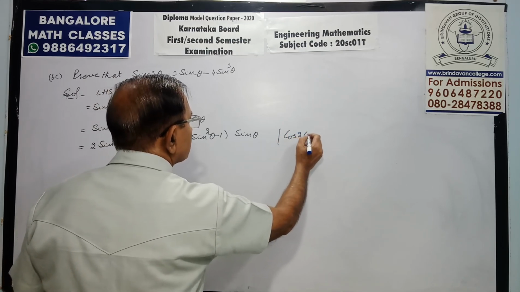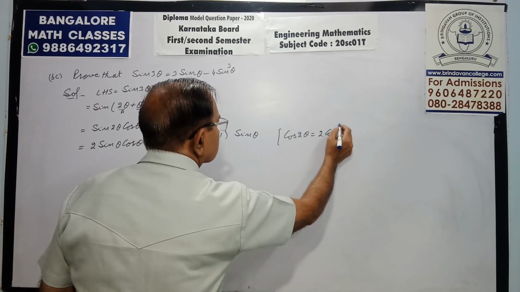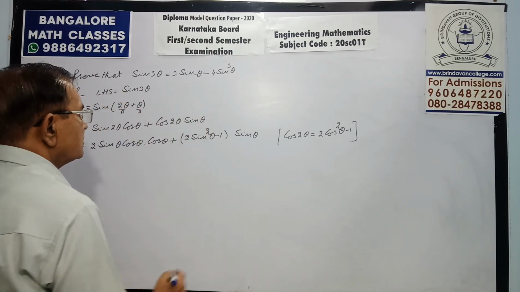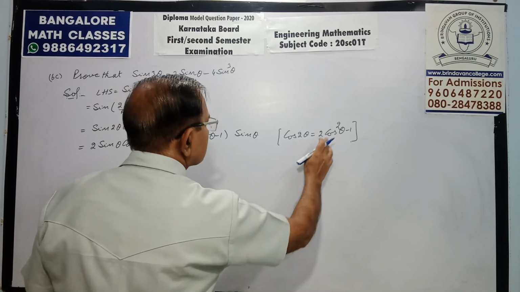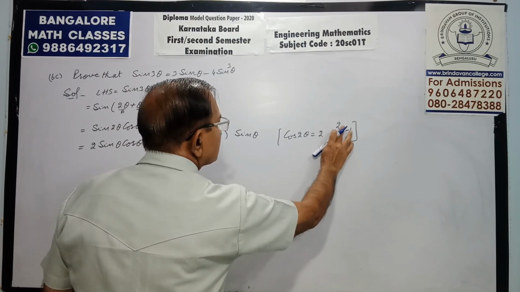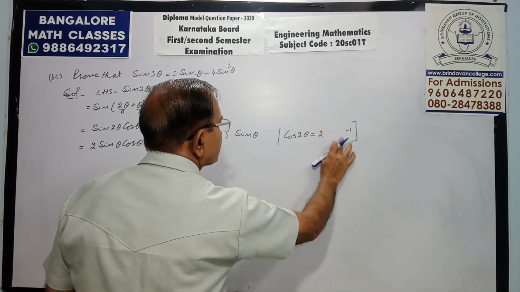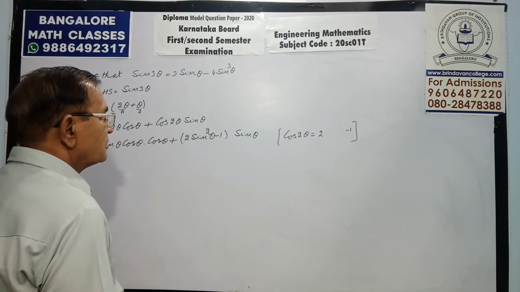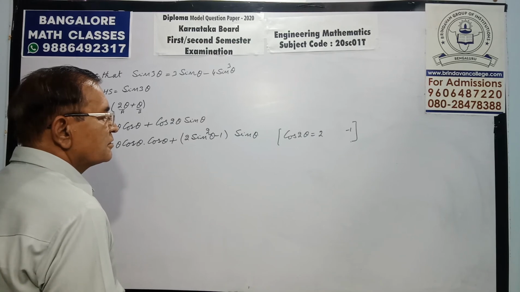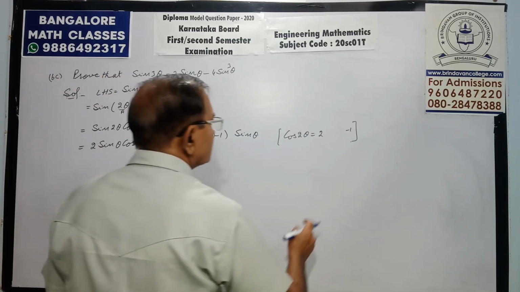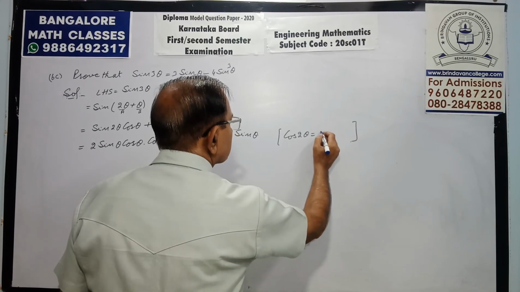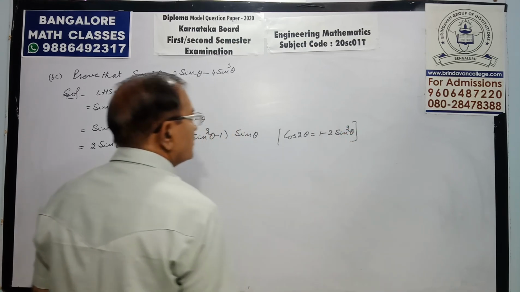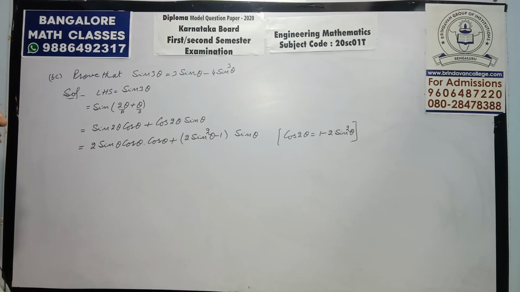Cos 2 theta is cos square theta minus sin square theta, which can be written as 1 minus 2 sine square theta. Cos 2 theta is 1 minus 2 sine square theta.